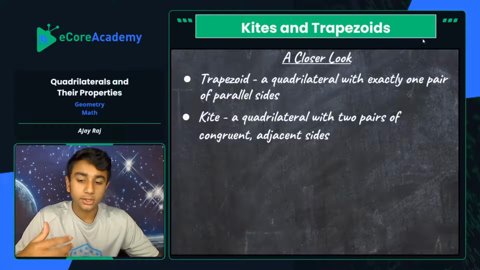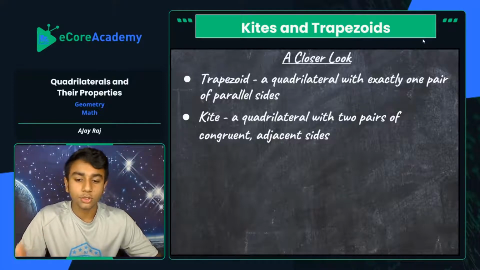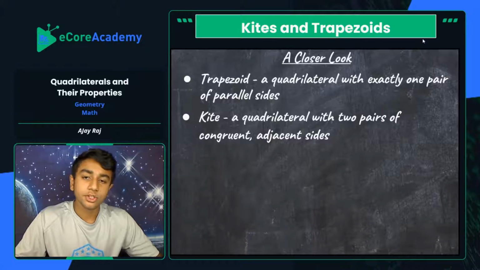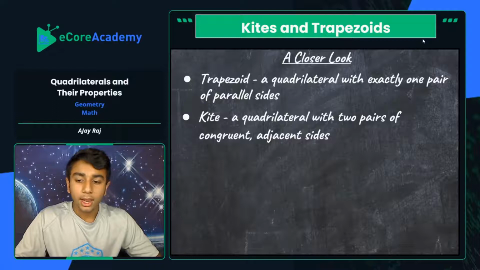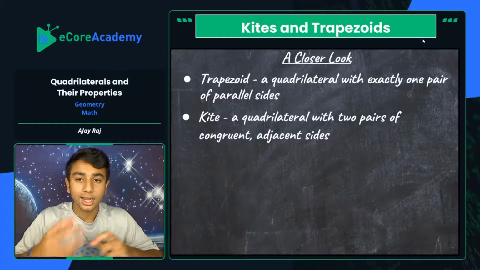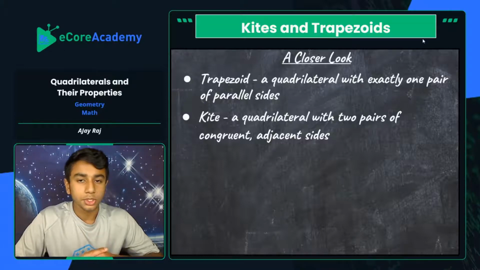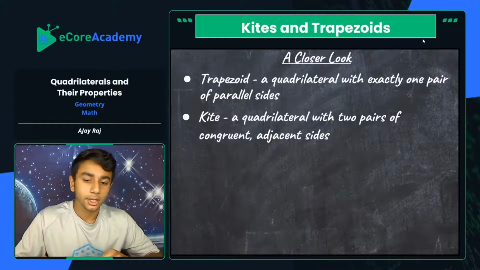So a kite is a quadrilateral with 2 pairs of congruent adjacent sides. All that's saying is you have 2 pairs of congruent sides, and those sides must share a common point. Those pairs will not be interrelated in any manner, meaning they won't have any congruency amongst each other. Those pairs will be considered separate.